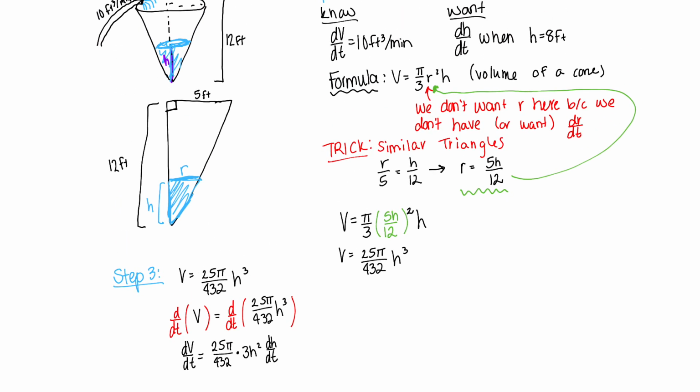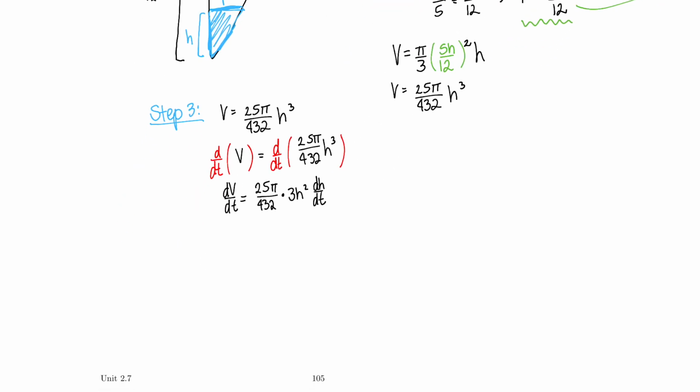So I'm trying to have everything on the screen here. So we have dV/dt, we have an h value. We can write those down. So let's see, dV/dt is 10 cubic feet per minute. h was 8 feet.